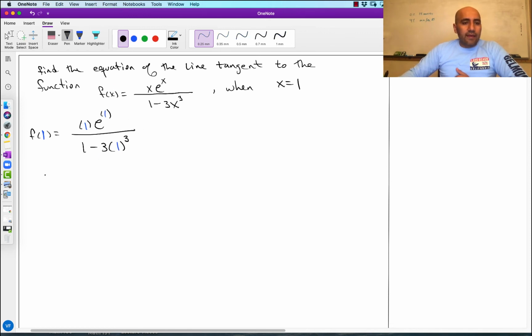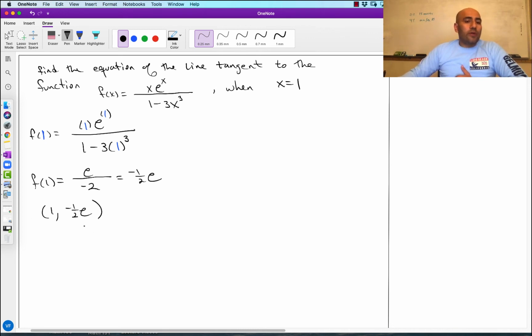And so we get that f of 1 equals e in the numerator, just e, divided by 1 minus 3, which is minus 2. Okay. All right, so this could also be rewritten as negative 1/2 e. So our ordered pair is going to be 1 comma negative 1/2 e.